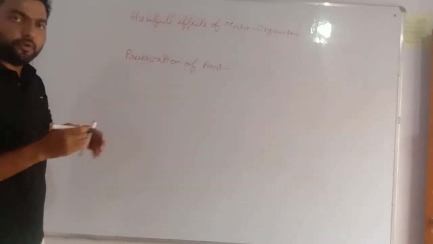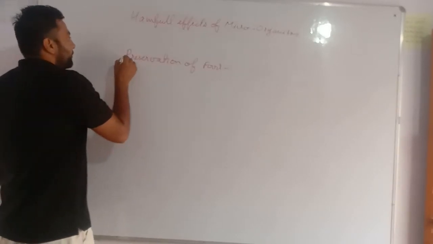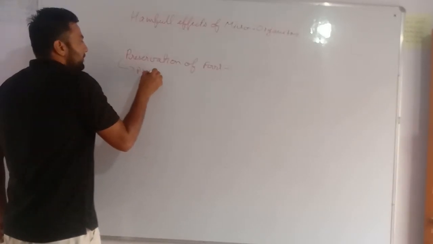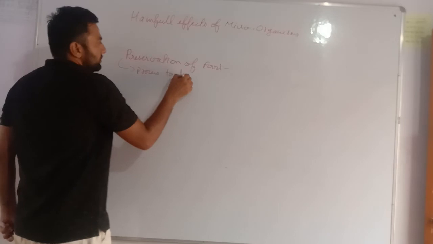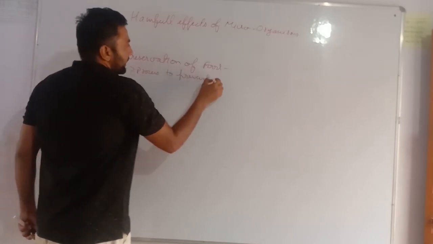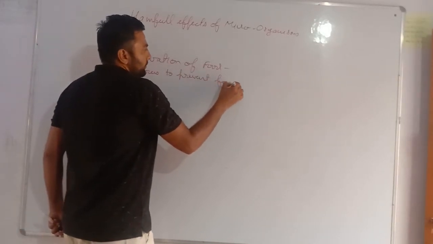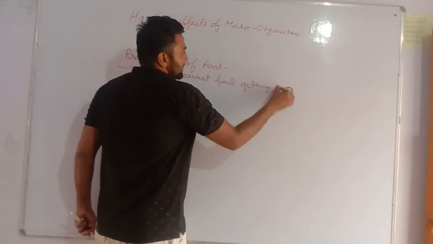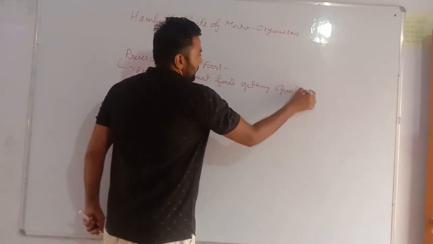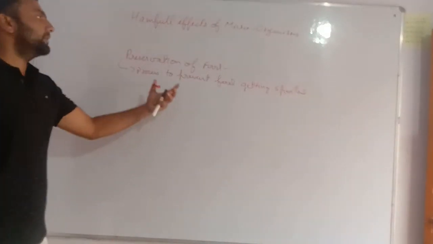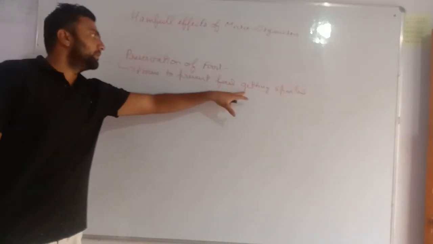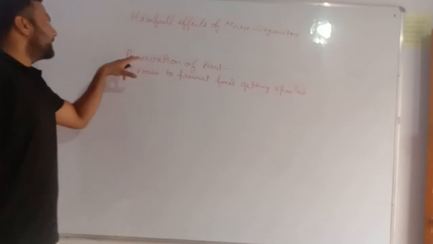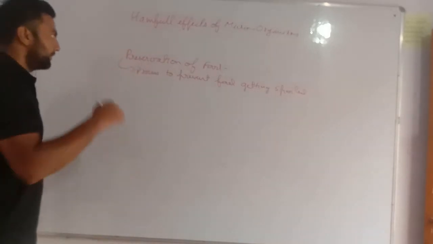Preservation of food is a process to prevent food from getting spoiled. How can we stop spoilage of food? This process is known as preservation of food.